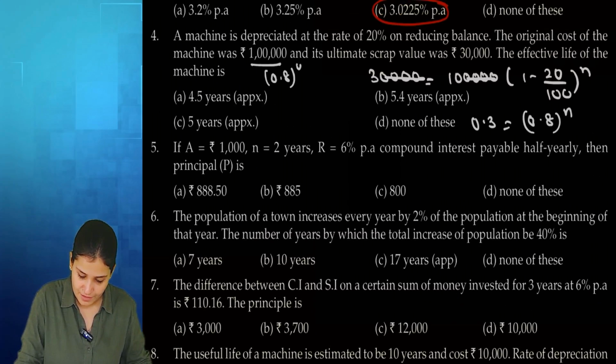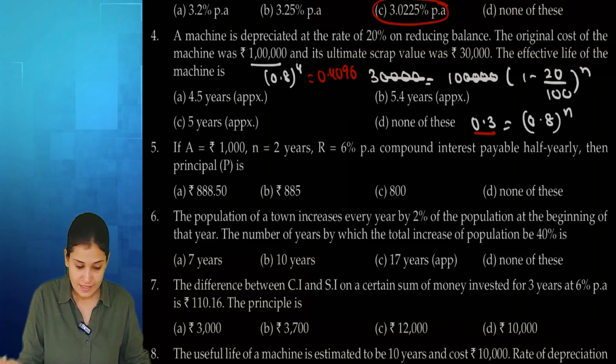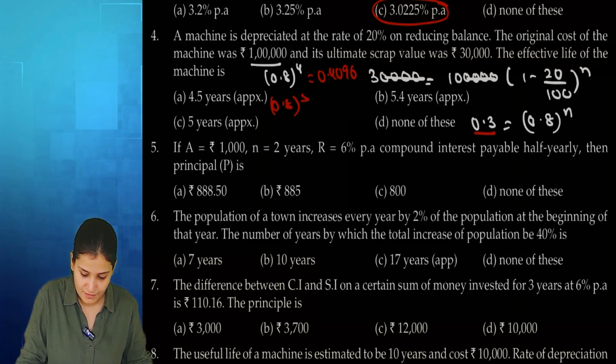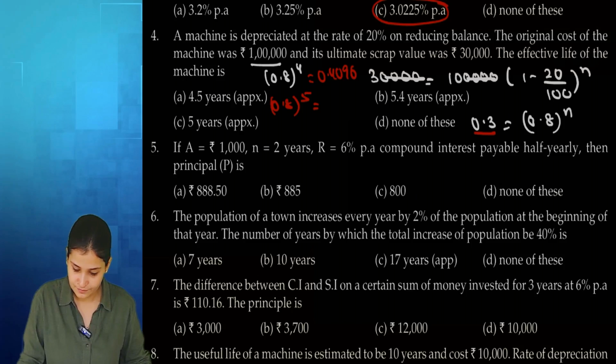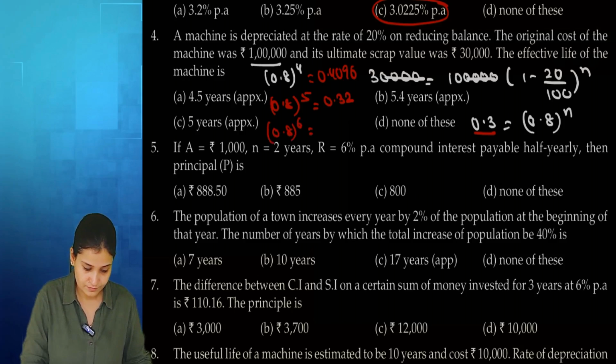What I want is 0.3. Do it one more time. 0.8 to the power 5. Answer: 0.3276. 0.32 something. Now do it one more time. 0.262.